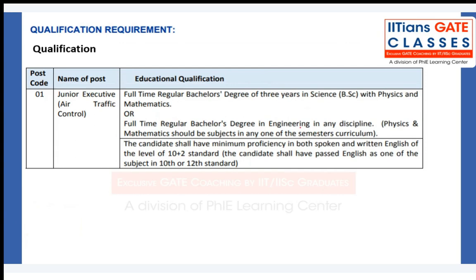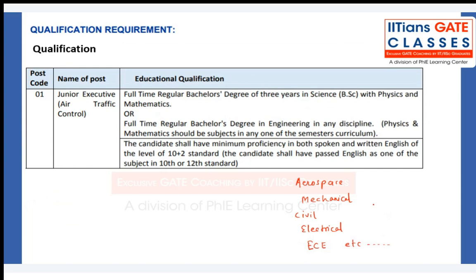Any discipline means a person having a BTech or BE degree in aerospace, mechanical, civil, electrical, ECE. That means all the branches of engineering are eligible to apply for ATC. All the branches, whatever branches there are in engineering, they are eligible to apply.